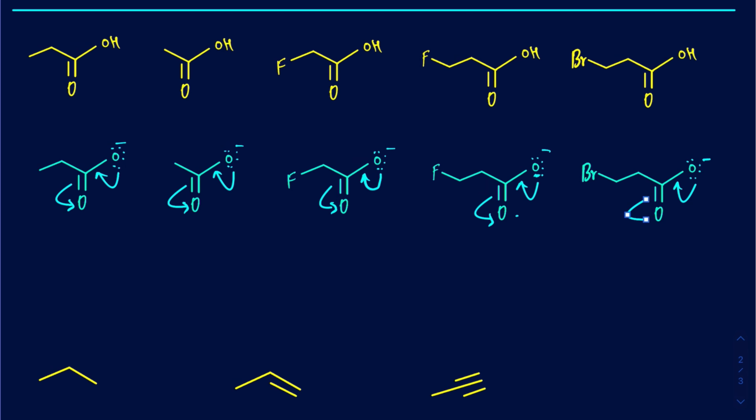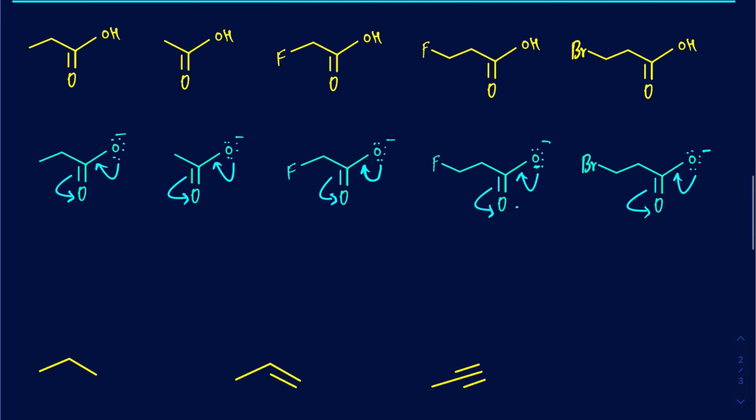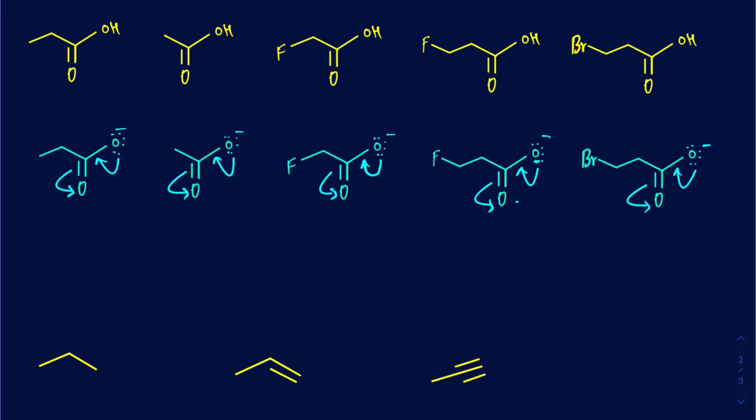So maybe I've got to look at something else that would make one of the conjugate bases more stable or less stable. So then it comes down to what else we really got on those guys. And it turns out that we do have those different groups attached to them. I got a fluorine here, bromine here, and then there's really nothing here. And then you got a methyl group here.